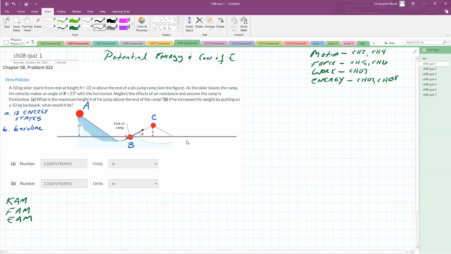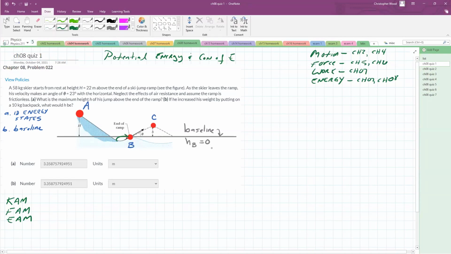This is where H subscript B equals 0. H subscript B is the height at B. So H subscript B is referring to the height at this point. If H subscript B is 0, then that means the following.